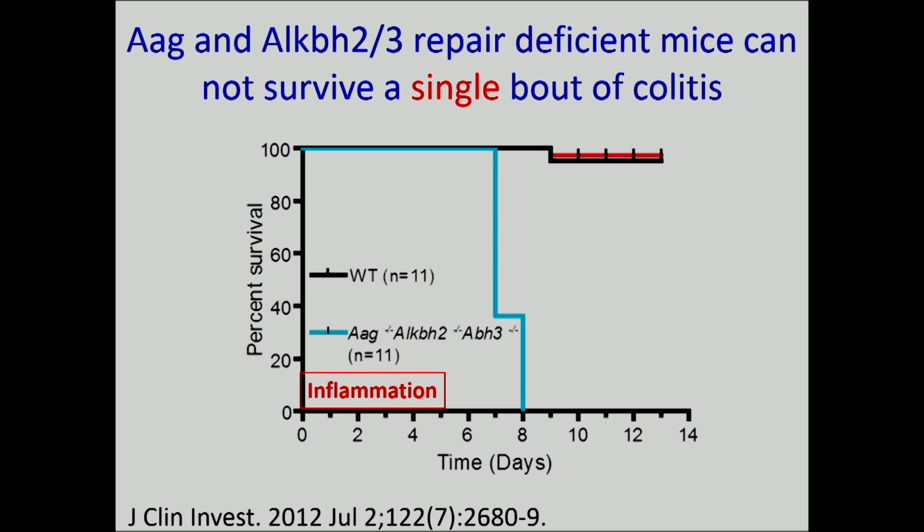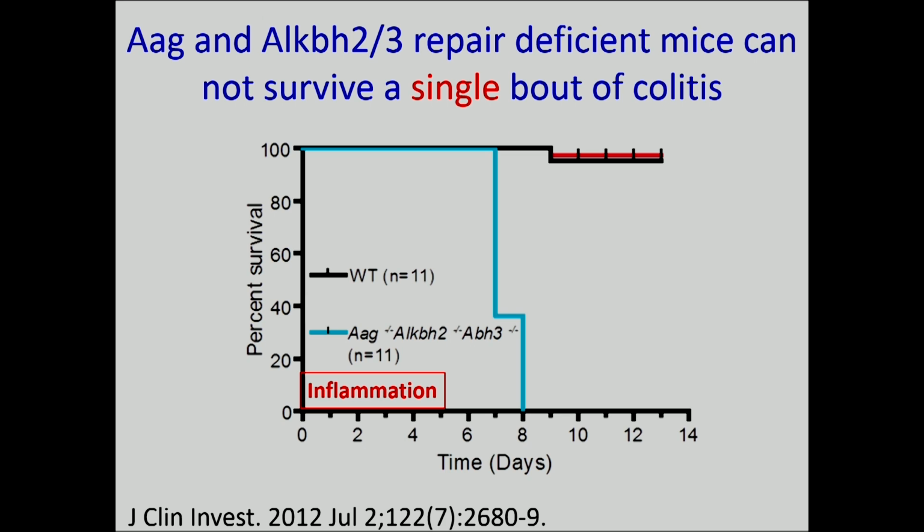And that is, they were so sensitive to even a single bout of inflammation in their colon that they all die. So they don't get tumors, but they die. And in these animals, if you restore any one of these pathways, the animals will survive the colitis and go on to get tumors.